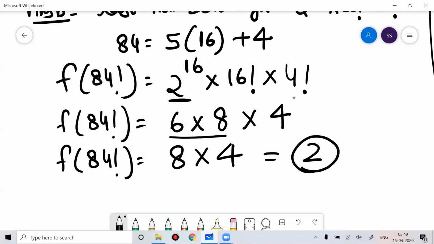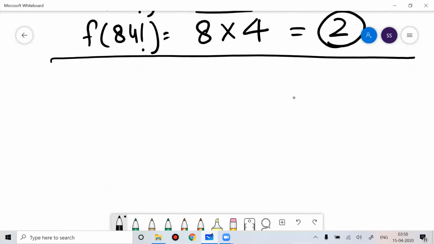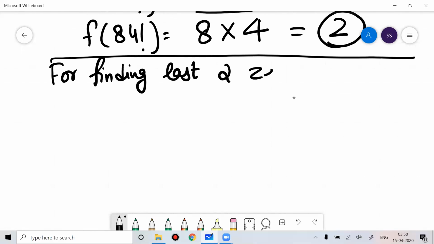Now, finding the last two non-zero digits. For finding the last two non-zero digits, we'll use the formula.